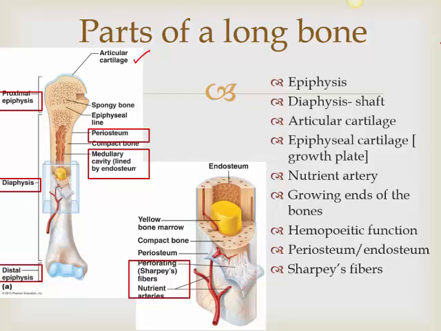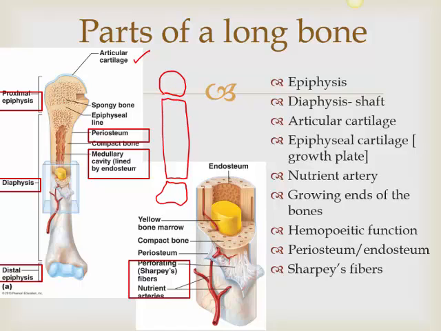As bones are growing in a child, as I said, our bones are either cartilaginous or in membrane form. As bones are growing, that cartilage gets replaced by bone. But we all know that children grow, right? They grow in length or height, and the bones also grow in thickness. What allows the bone to grow is a piece of cartilage present between the two ends of the bone. Here is the epiphysis, at the other end is another epiphysis, and here is the diaphysis.